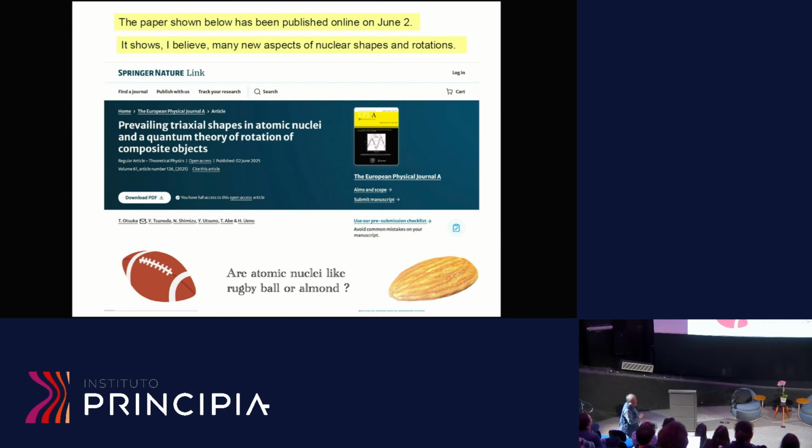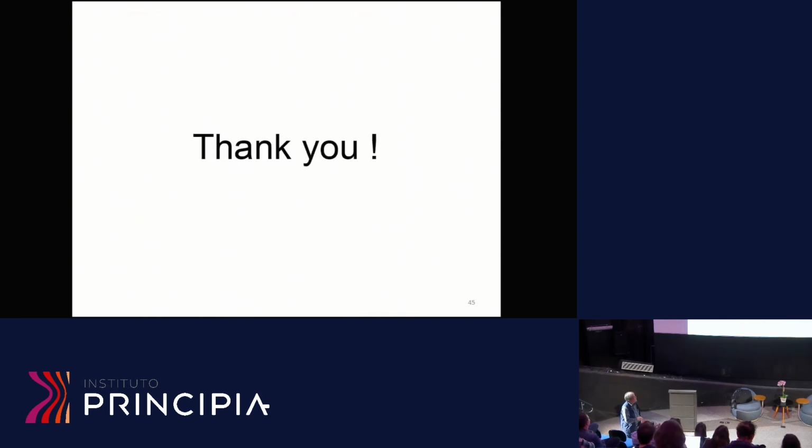And in this paper, we are stating that the actually symmetric shape, like a rugby ball, may not be the proper picture of nuclear ellipsoidal deformation. So atomic nuclei are like almond, so it's a little bit suppressed in this way. So if you have time, please look at this paper also. Thank you very much for your attention.